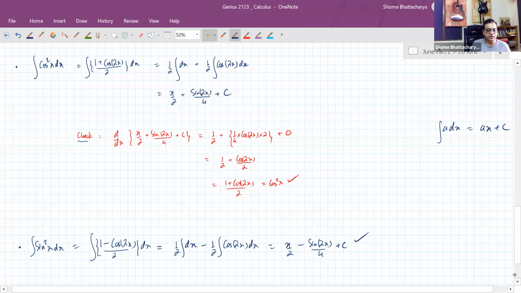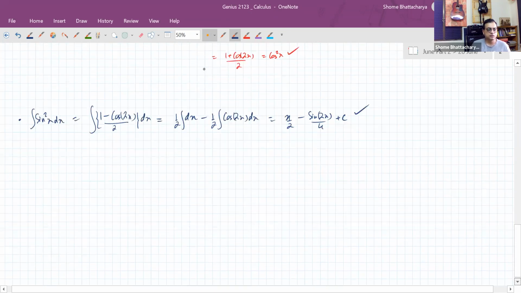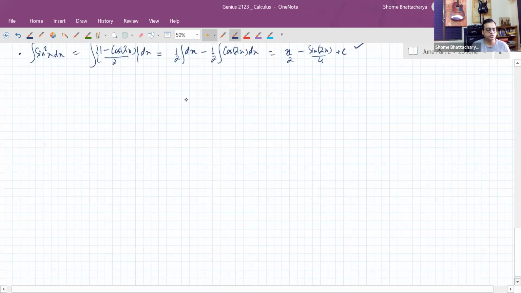So now using these integrations, we will see an interesting fact about the function sine square x and the function cos square x.